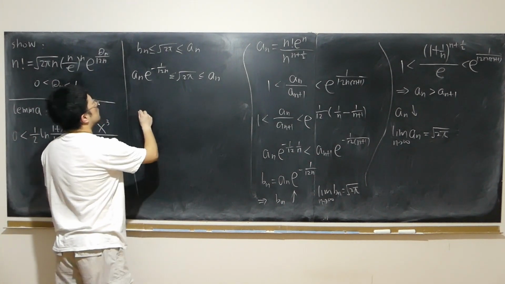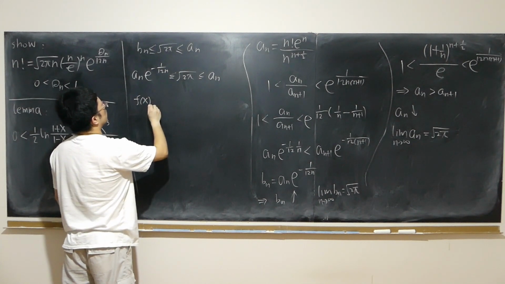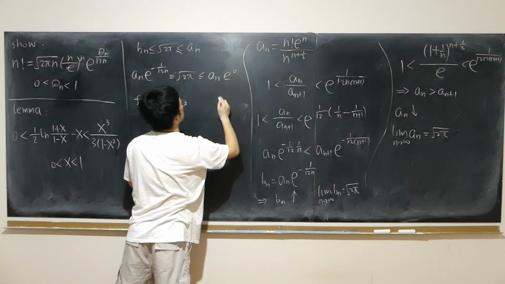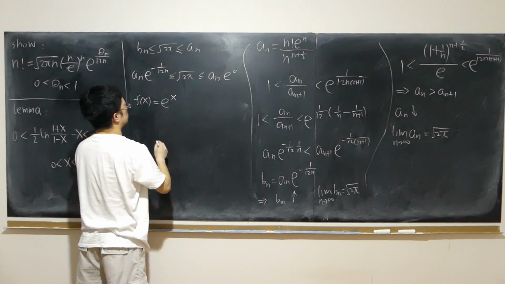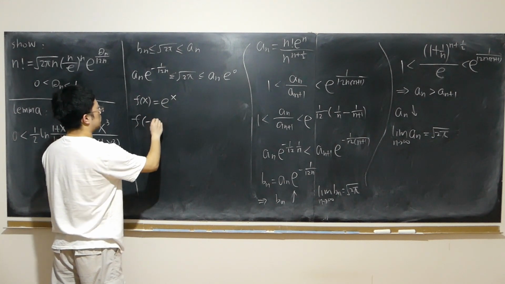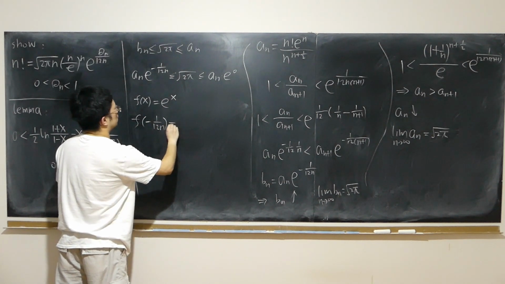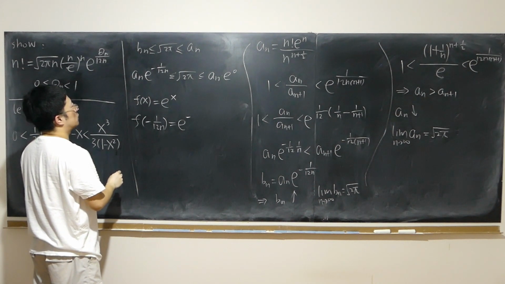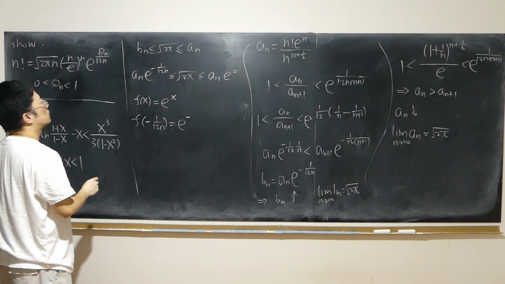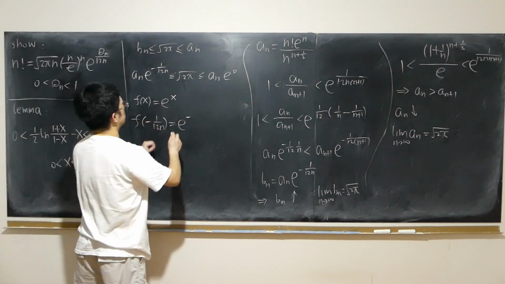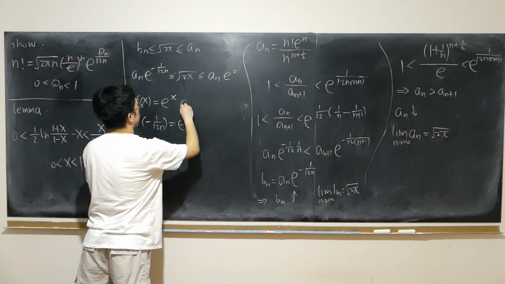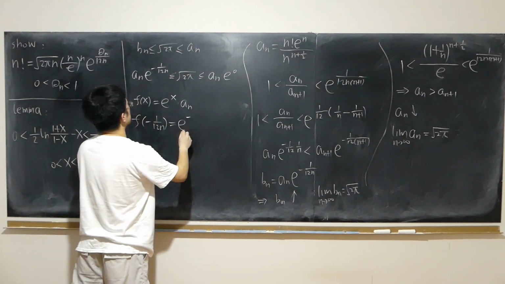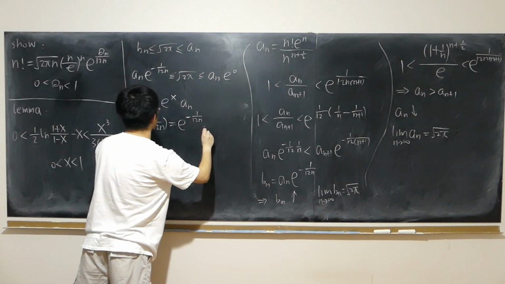If we set f of x equal to, for example, e to the power of x times an, then f of negative 1 over 12n is equal to e to the power of negative 1 over 12n times an.